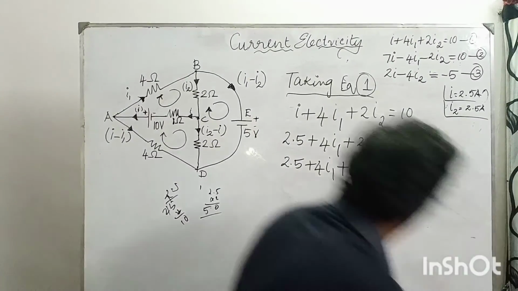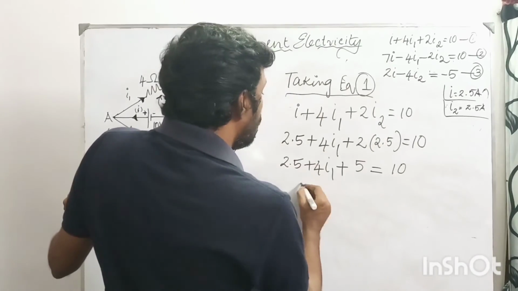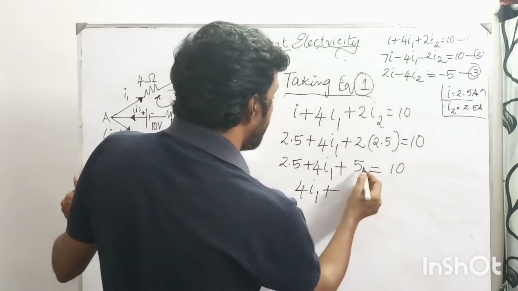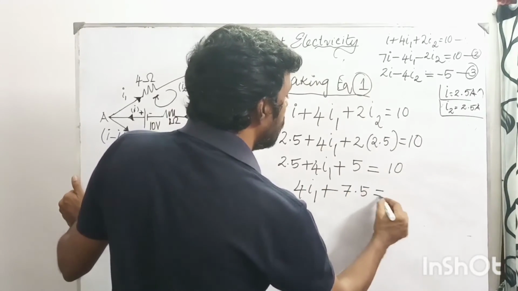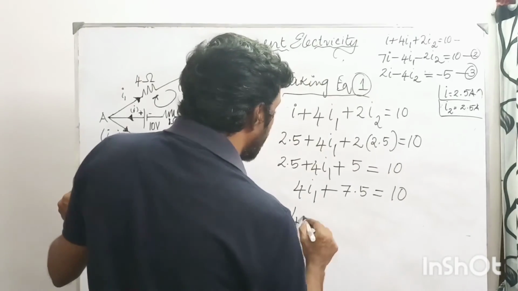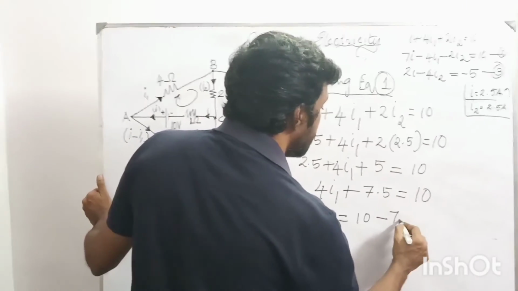So 4I1 plus 5 plus 2.5 is 7.5 is equal to 10. So 4I1 is equal to 10 minus 7.5.